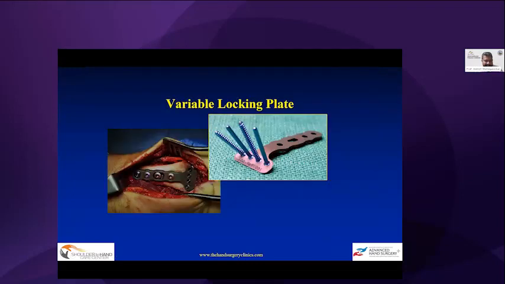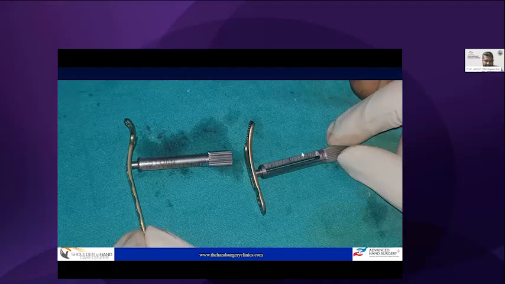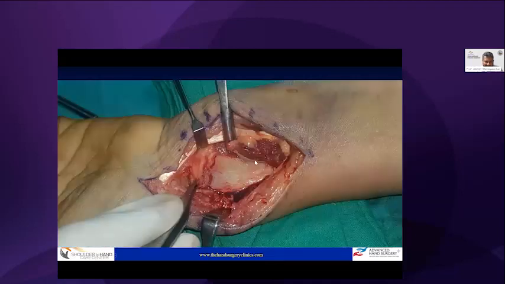We have to understand the design of the plate, which is very important because it is very pertinent to understand the different plate designs which are meant for different fractures. We always talk about the watershed line. And here are two very commonly used implant designs. Here is your variable angle rim plate, and this is a standard plate. Why is this important?